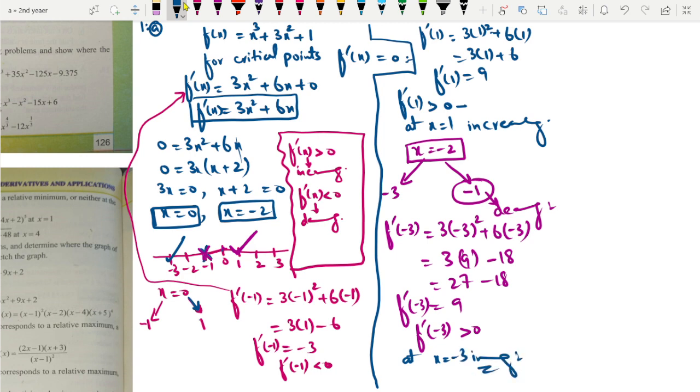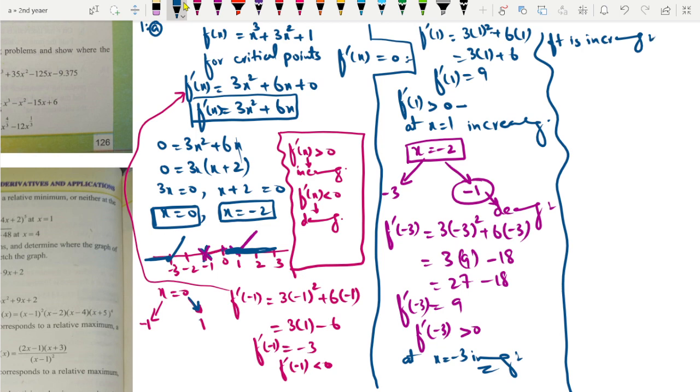So the function is increasing when the value of x is greater than 0, and function is increasing when the value of x is less than -2. For this range, function is increasing.